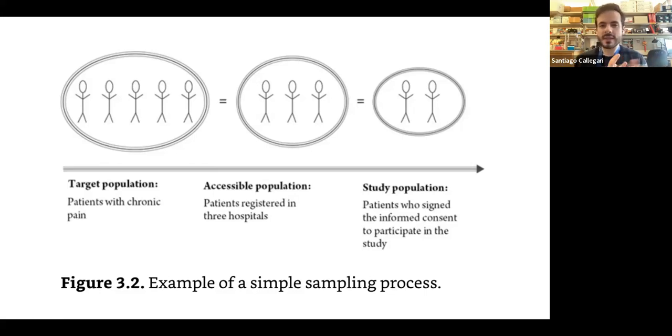And so on with different exclusion criteria, or patients that just don't want to participate in the study. And then at the end, you will have your study population. That is the population that you are going to test your intervention or to analyze your observation. And this population should try to reflect as much as possible the target population.